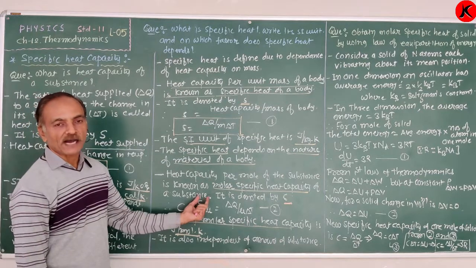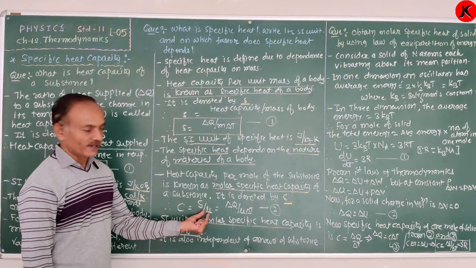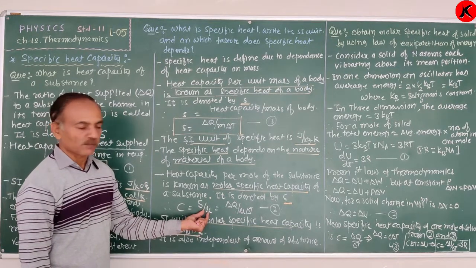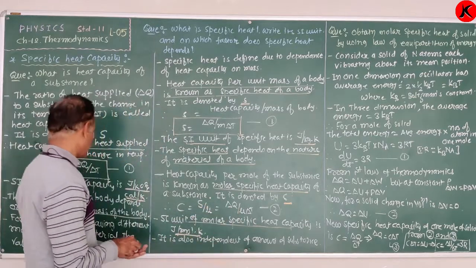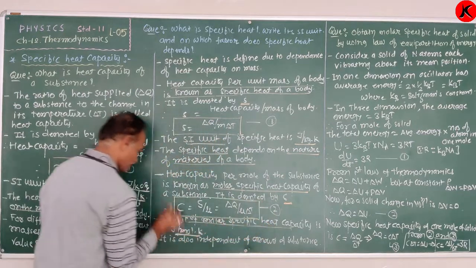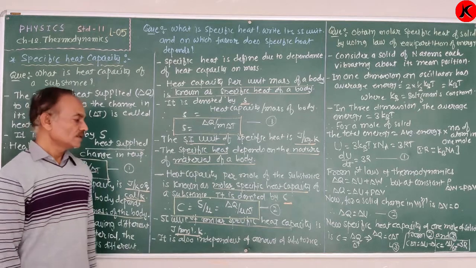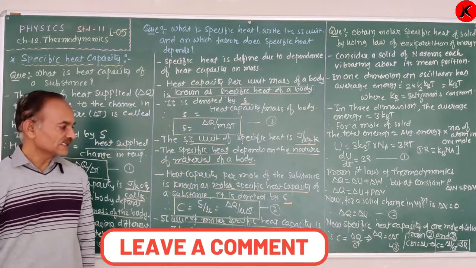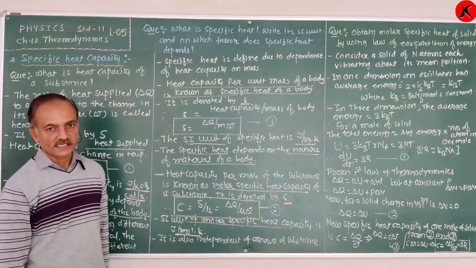It is denoted by C. Therefore, C is equal to heat capacity upon the quantity of substance in moles, or the number of moles. Therefore, C is equal to S upon mu, which is equal to delta Q upon mu into delta T. That is our second equation of molar specific heat capacity.